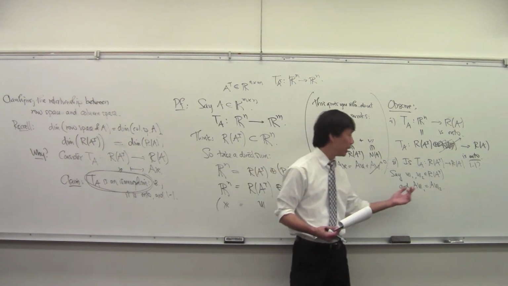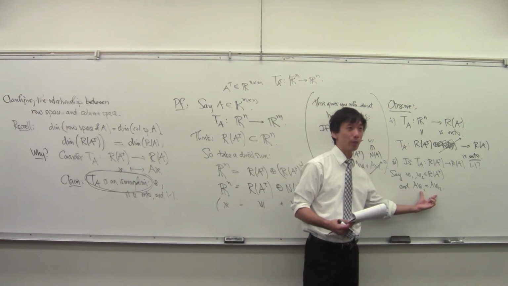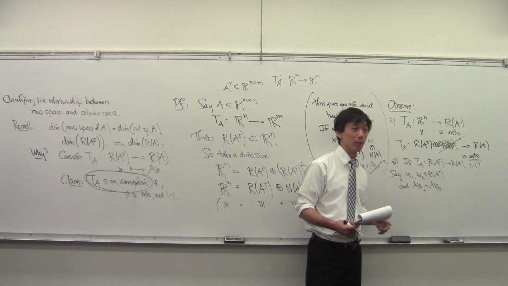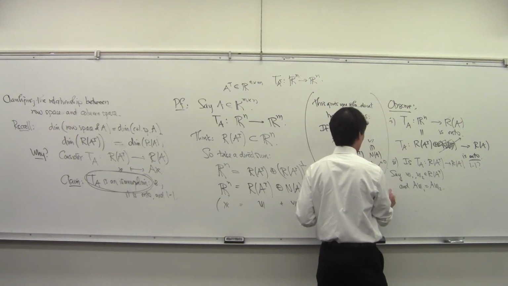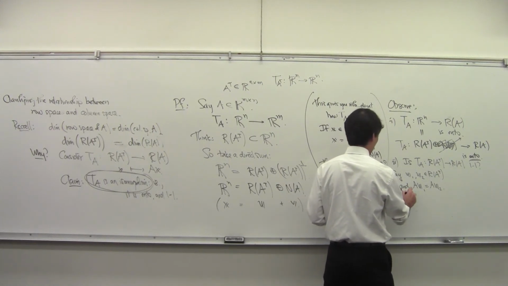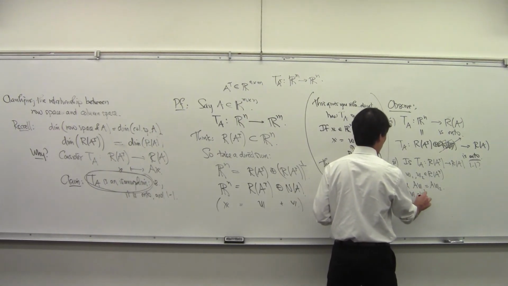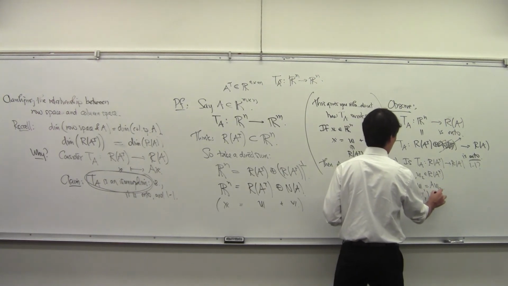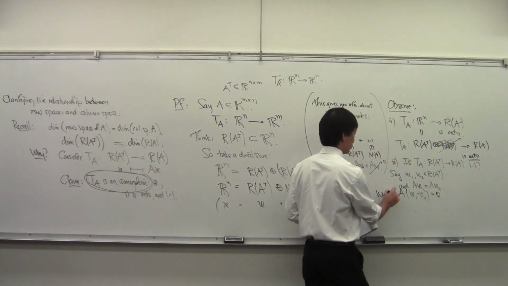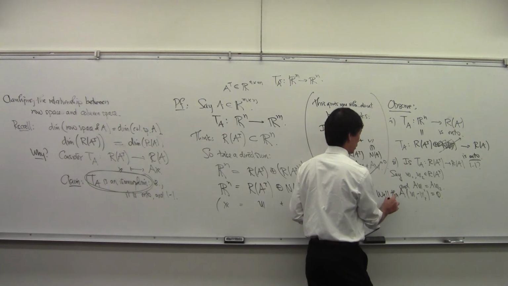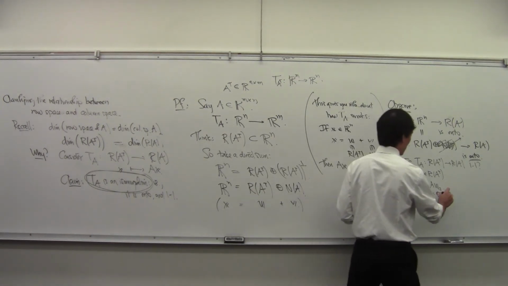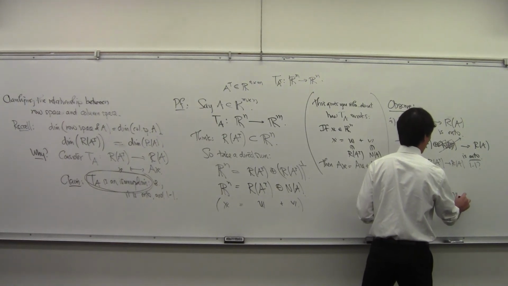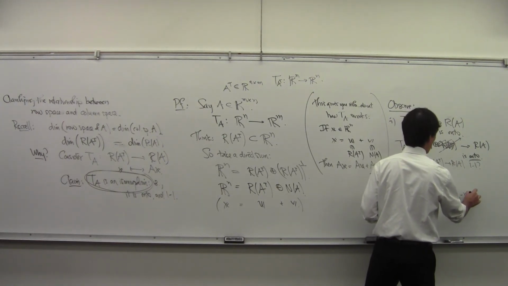Remember what one-to-one means: if the outputs are equal, the inputs are equal. So we're trying to see that U1 and U2 must be the same. Well, A of U1 minus U2 is 0, so that means that U1 minus U2 is in the null space of A.